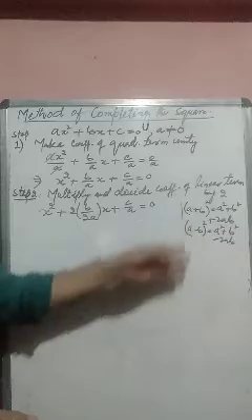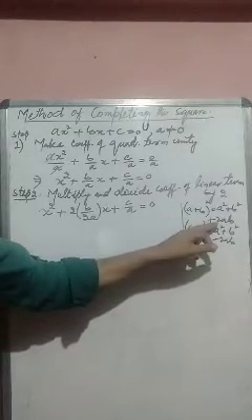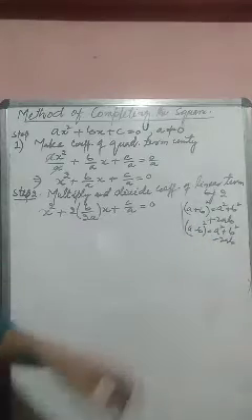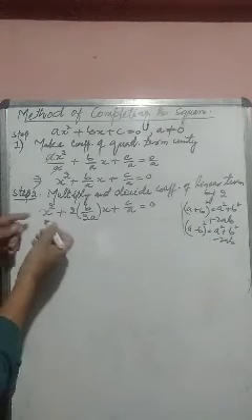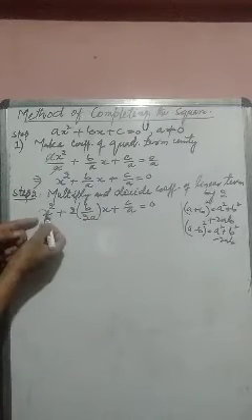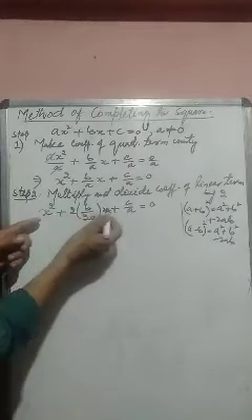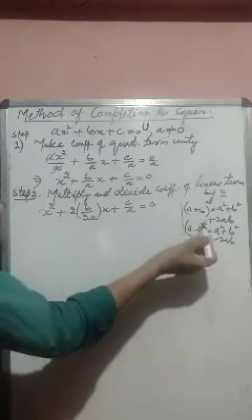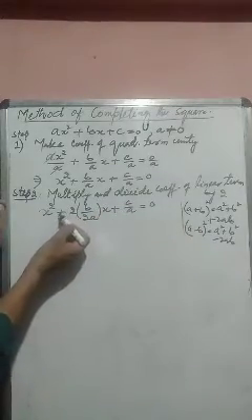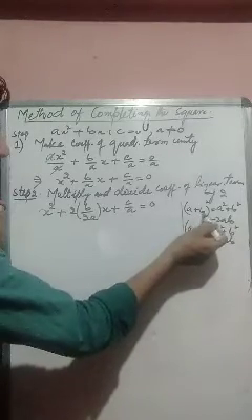In both these identities you see that these are complete squares, but here is involved plus 2ab, here it is involved minus 2ab. Now when we treat x as a and b by 2a as b, then it becomes a square plus twice ab plus b square. Here it is involved plus 2 times ab, so it should be a plus b whole square.